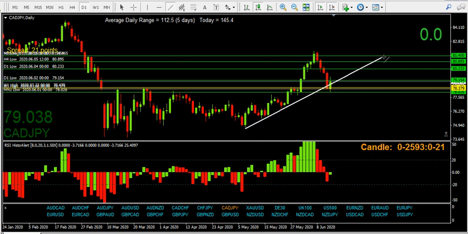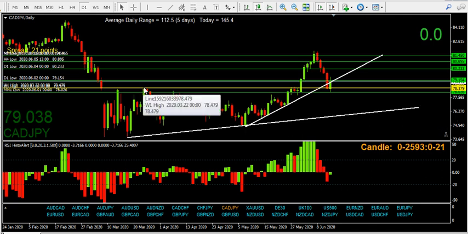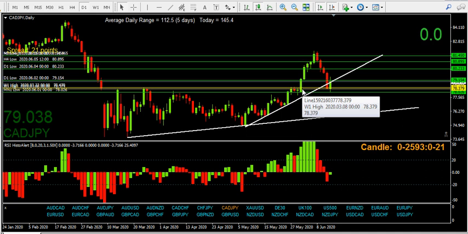We can also draw an ascending trend line. That's been broken. We could draw another ascending trend line, because how I draw these is if this level is broken here by the price here, then that becomes a valid support line to draw your trend lines.